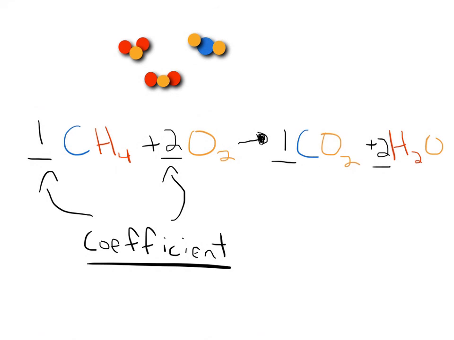And what that means is the number of atoms that we started with equals the number of atoms we end with. So there's 1 C here, there's 1 C here. 4 H's, there's 2 times 2, which is 4 H's there. There's 4 O's here, 2 times 2 is 4. And then there's 2 there, 2 there. So it is balanced.